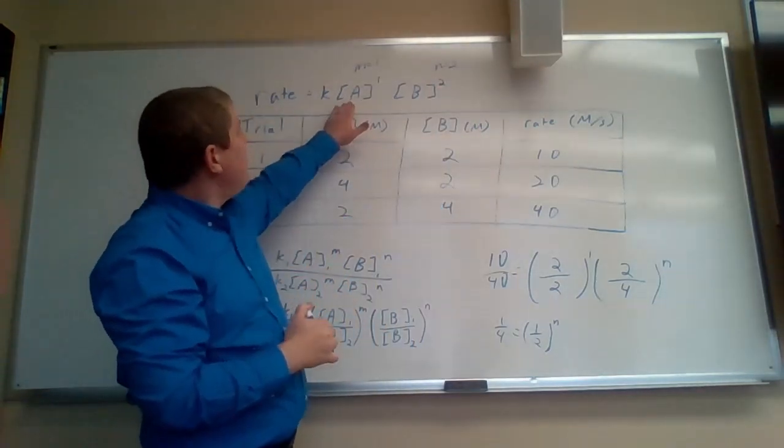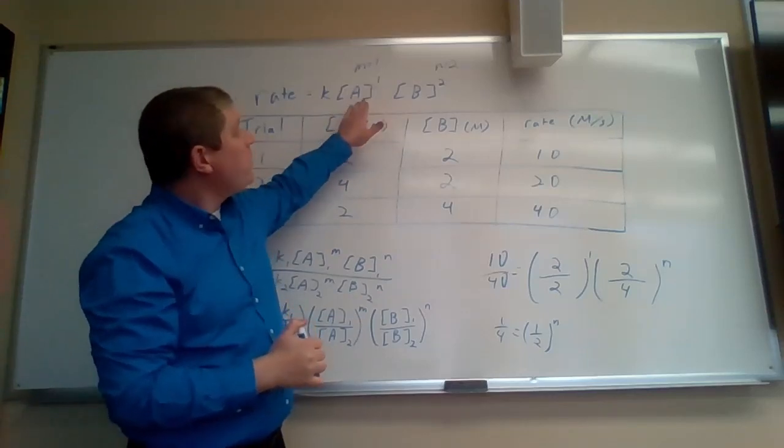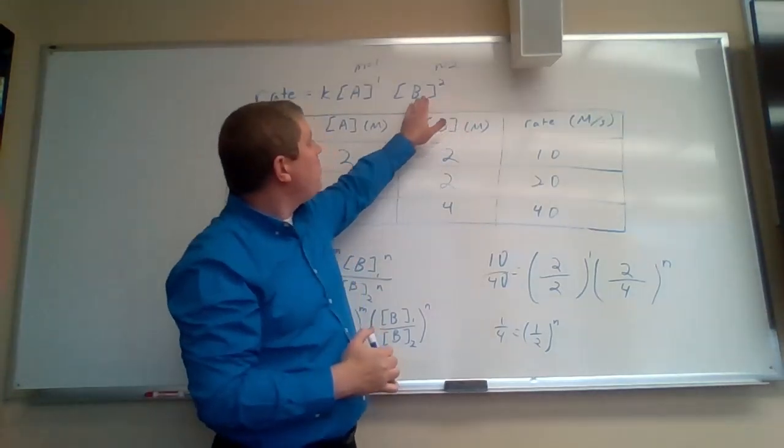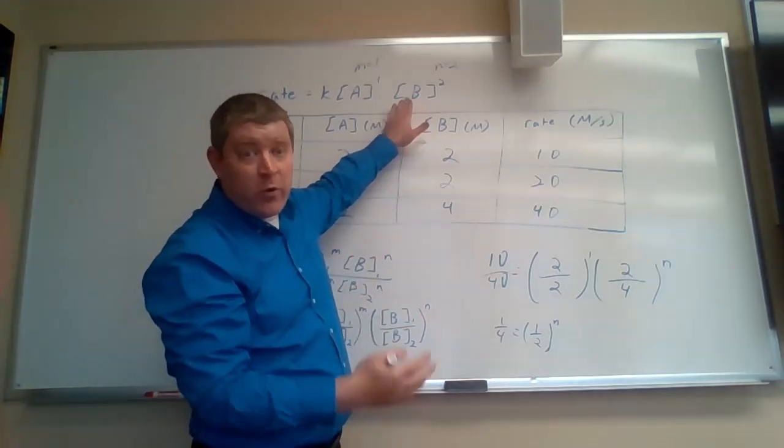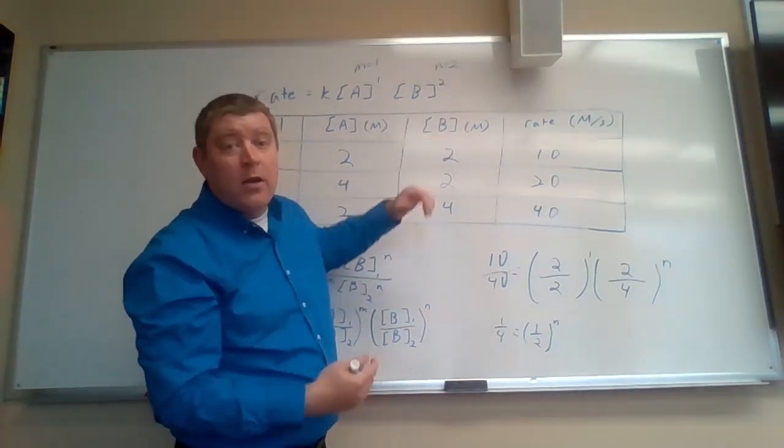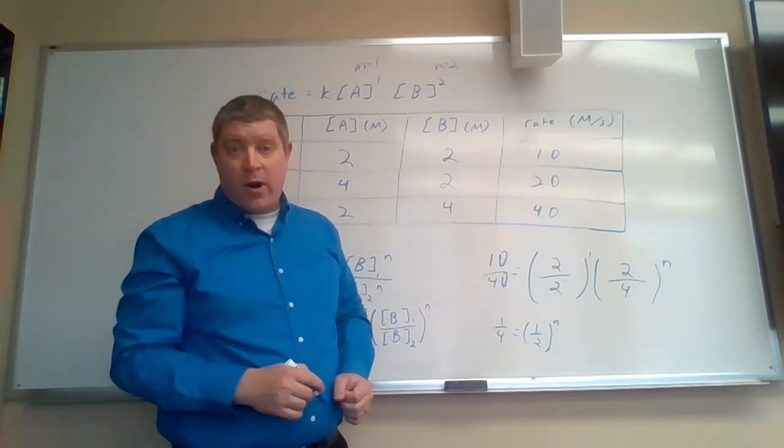In this case, we can say that the reaction is first order with respect to A and second order with respect to B, and then the sum of those two, so 1 plus 2, so 3, the reaction is third order overall.